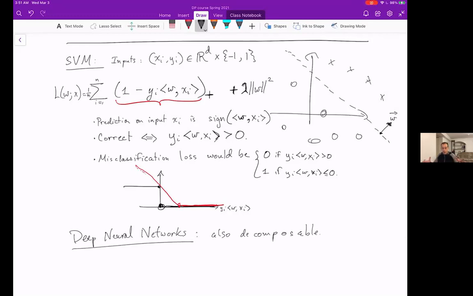You've got a long vector of parameters that somehow describe the behavior of the network, and a loss function that penalizes incorrect behavior, whatever that means in your setting. And again, the same set of tools that apply to all these classic statistical problems also apply, by and large, to this setting of deep neural nets.